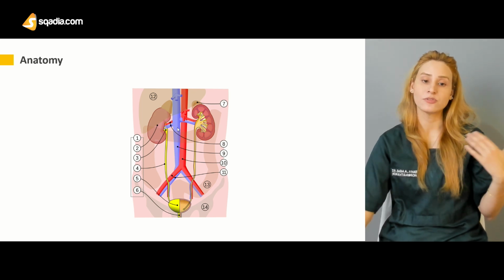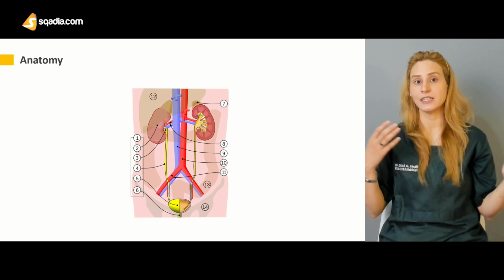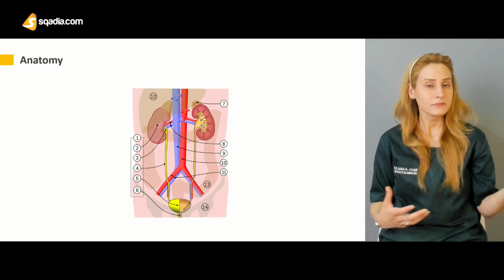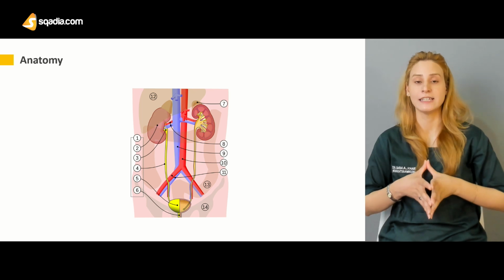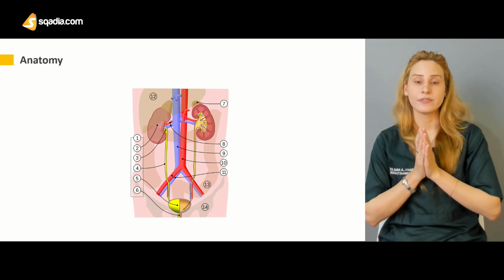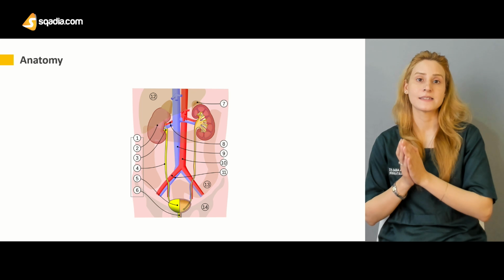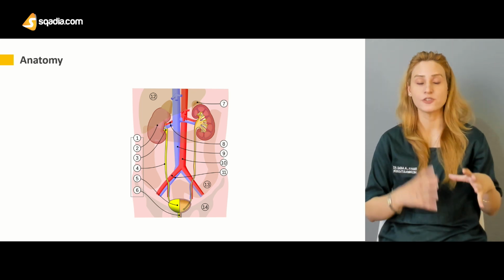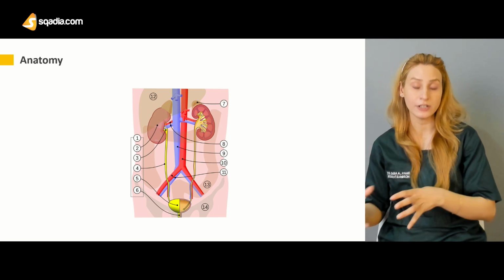We have the adrenal veins and the gonadal veins as well, or you can say testicular, specifically in males. The left renal vein is a little longer compared to the right renal vein. Right is shorter, left is longer.